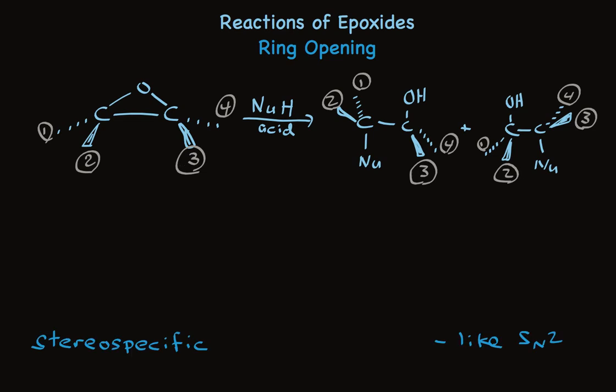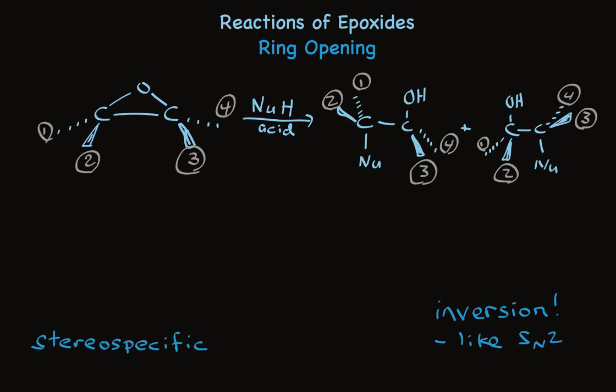So this is a stereospecific reaction, and again we observe inversion of configuration, just like an SN2 reaction. So keep that in mind. We see exactly the same stereochemical result as we did for the straight nucleophiles without acid. In both cases, they're stereospecific, and the reaction occurs with inversion of configuration, like an SN2 reaction.